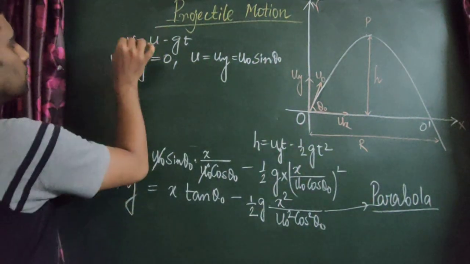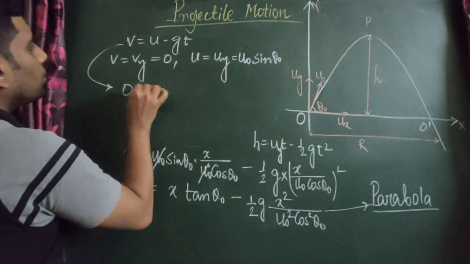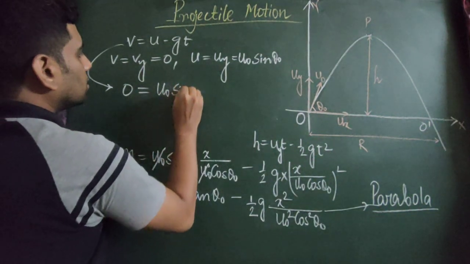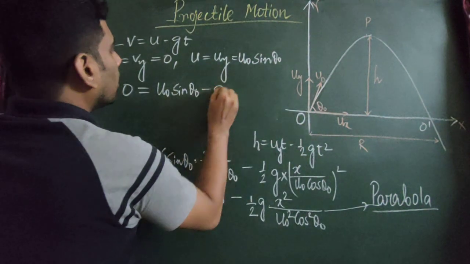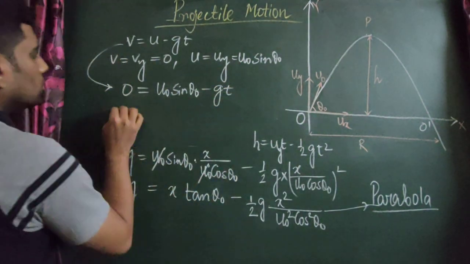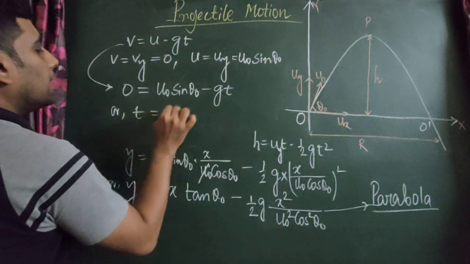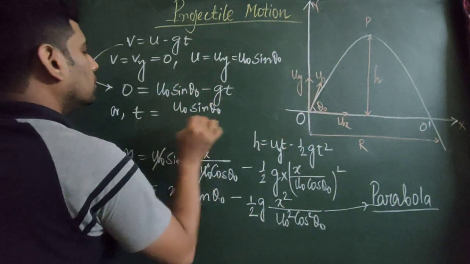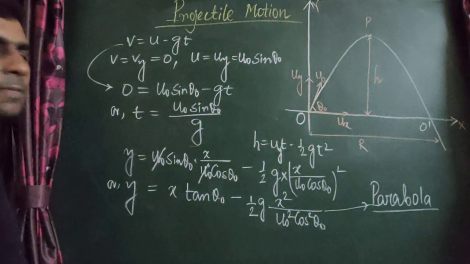So from this equation, 0 equals u0 sine theta 0 minus gt. So we get the time as u0 sine theta 0 by g.